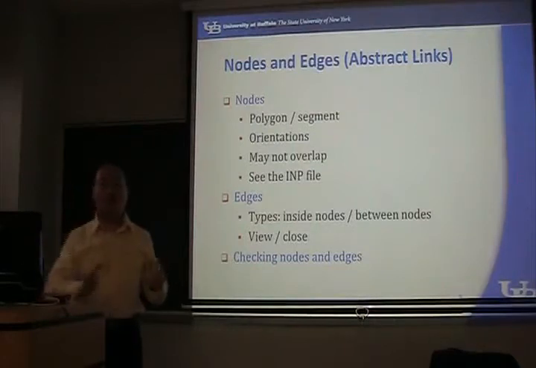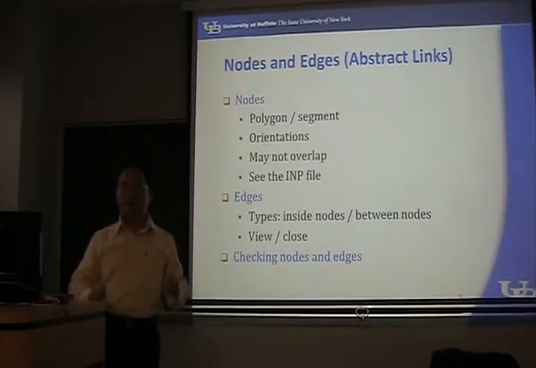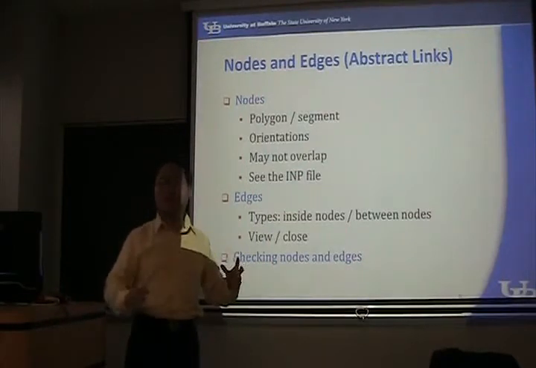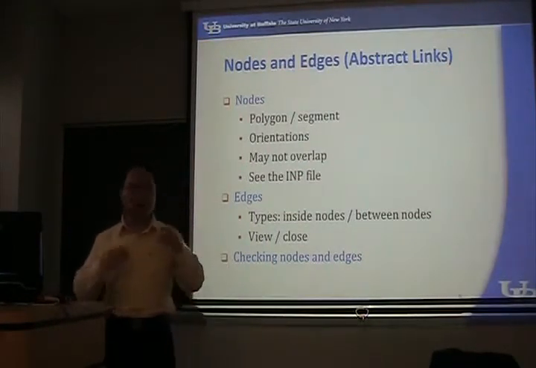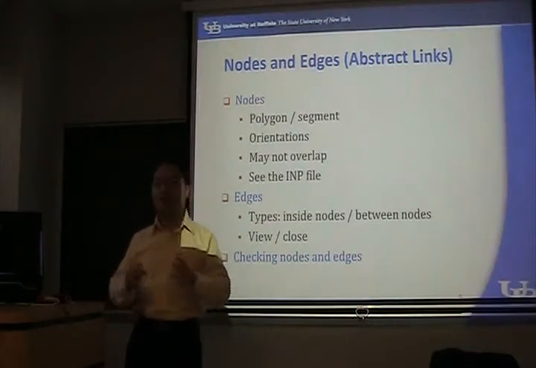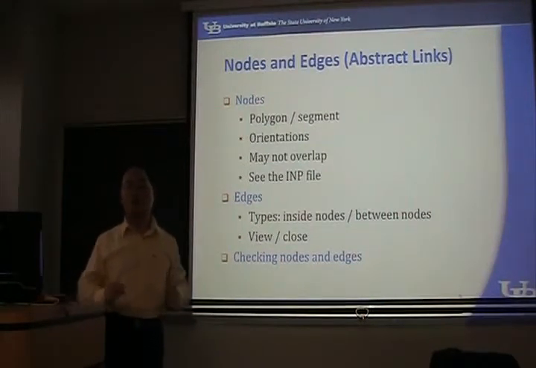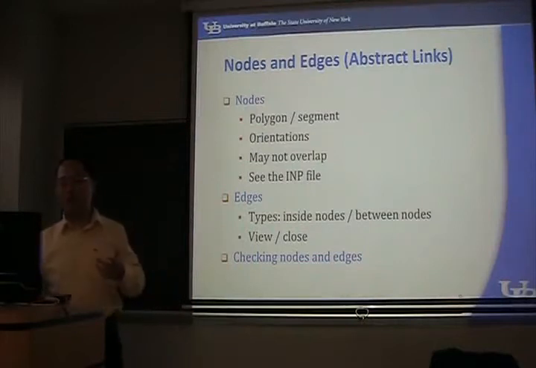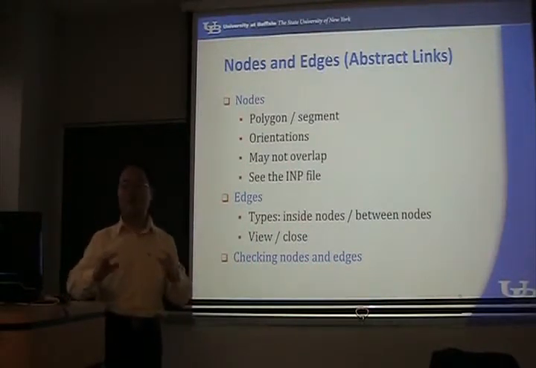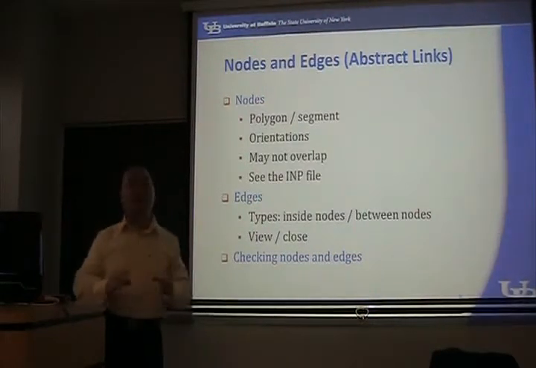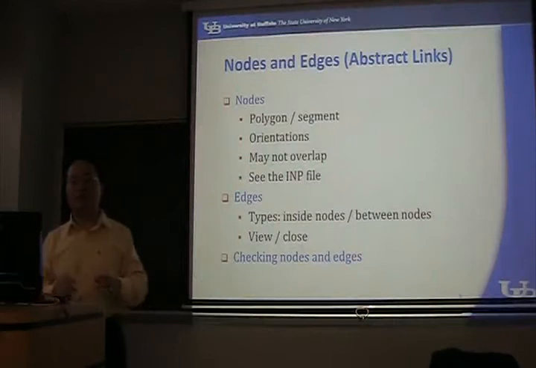Now, as I already mentioned in the beginning of the lecture, to do dynamic traffic assignment, we need an abstract network. The 2 elements of the abstract network are nodes and edges. We already know what nodes are, but this time I want to emphasize these edges. In vSim, edges are different from links.